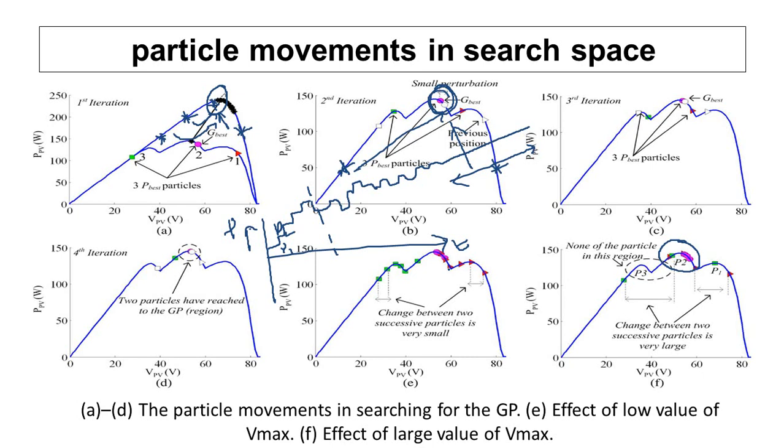Based on the particles' power values, you are going to generate your own velocity and your own positions, so that it goes to the global optimal position and tries to catch the global peak. That is the problem, and that is the idea we have in maximum power point tracking. So this is what swarm optimization and global maximum power point tracking is all about.